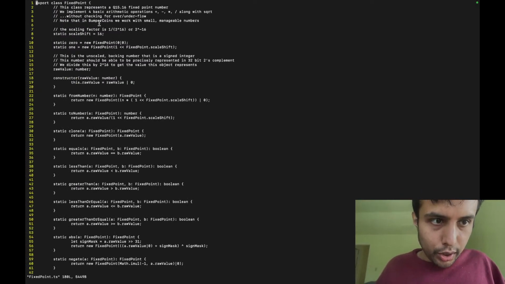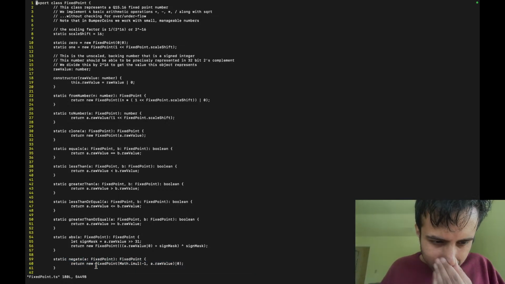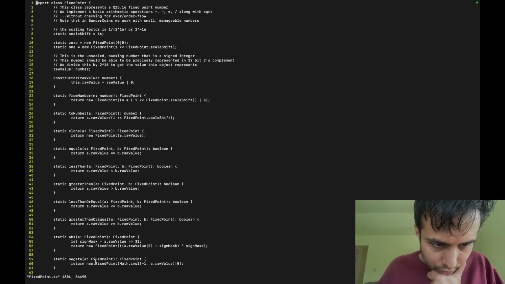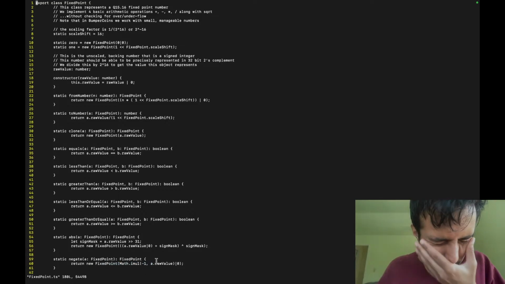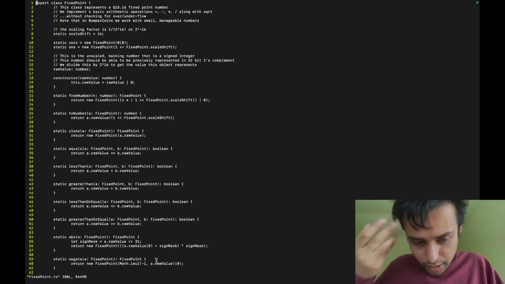So here's fixed point, and where's negate? Yeah, negate. We want to make use of the fixed point's negate function, which returns a new fixed point. In a way it's like a clone, but we're already working with a clone, so it's okay if we mutate it.